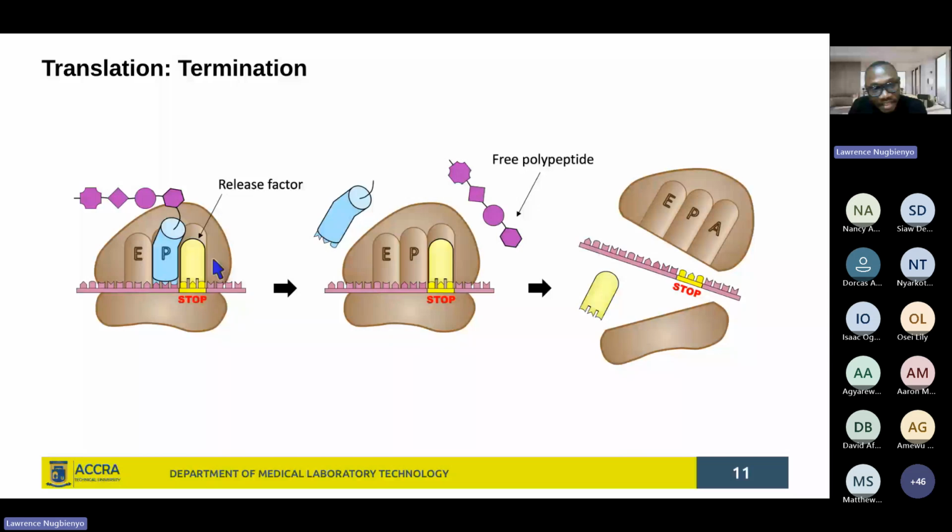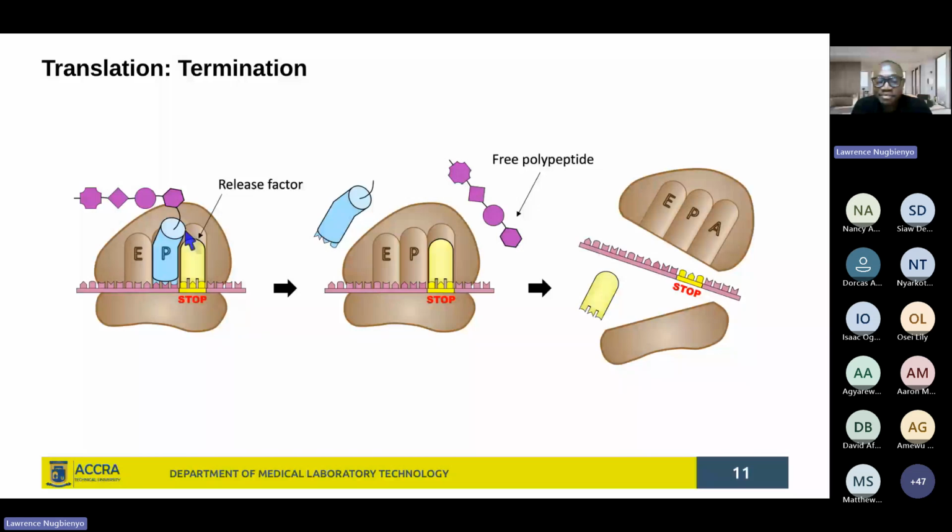And it actually acts as an inhibitor to the peptidyl transferase, the enzyme which is responsible for the transfer of the peptide which is forming to be joined to the next amino acid. So once it inhibits that peptidyl transferase, that process will not continue.